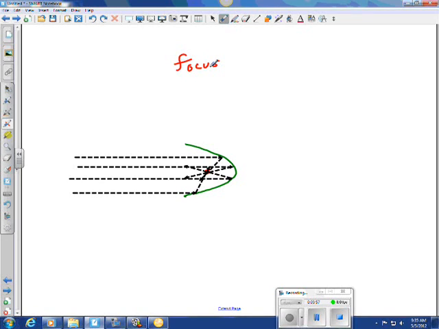Okay? And it made no difference if the light was coming in as it was from the sun, all those rays of light coming in, or if the light was coming from a light bulb and going out in just the opposite direction.